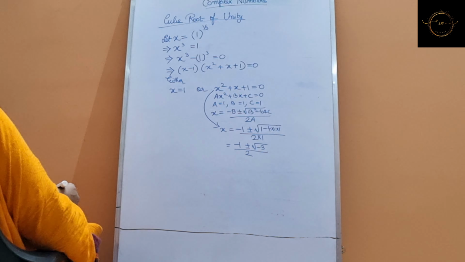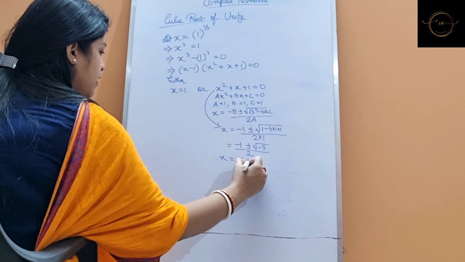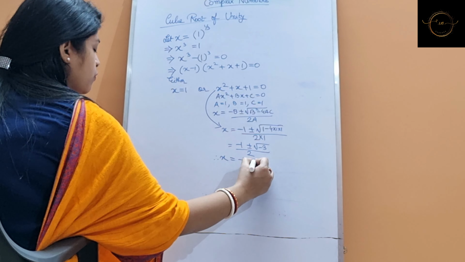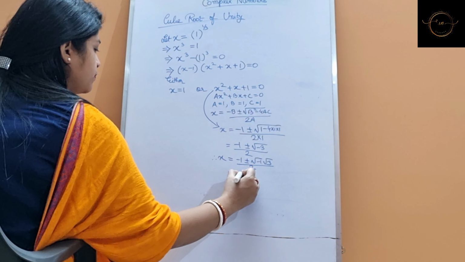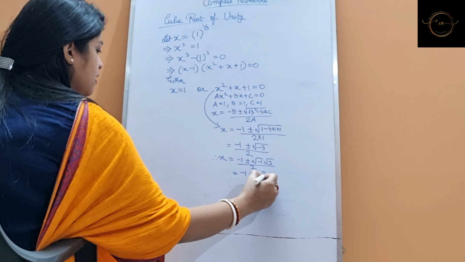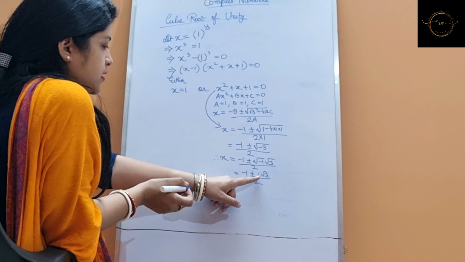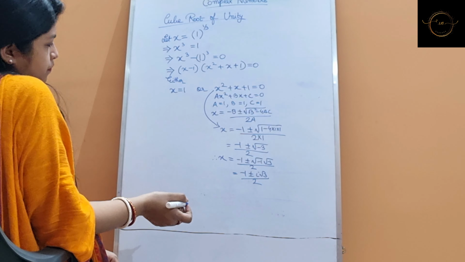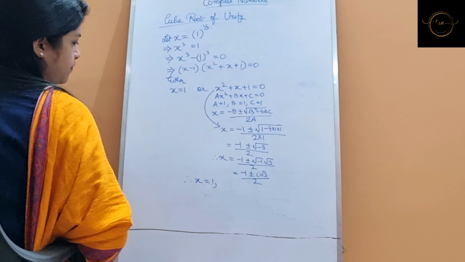So x is equal to minus 1 plus minus under root minus 1 into root 3, by 2. In place of under root minus 1, we can write i. So it is minus 1 plus minus i root 3 by 2. Therefore, what are the values of x? x is equal to 1.